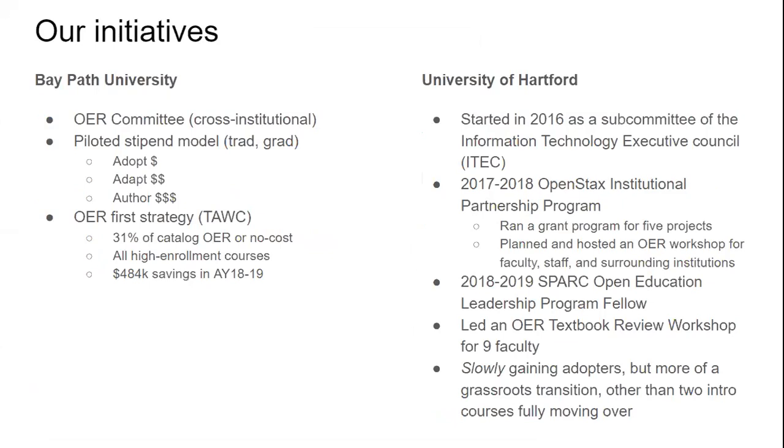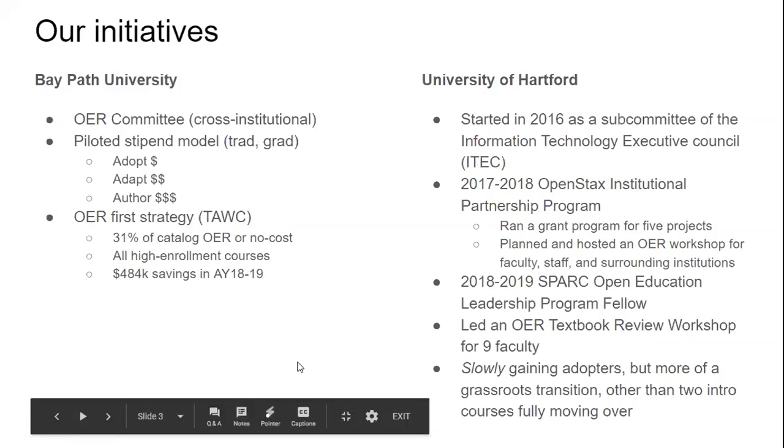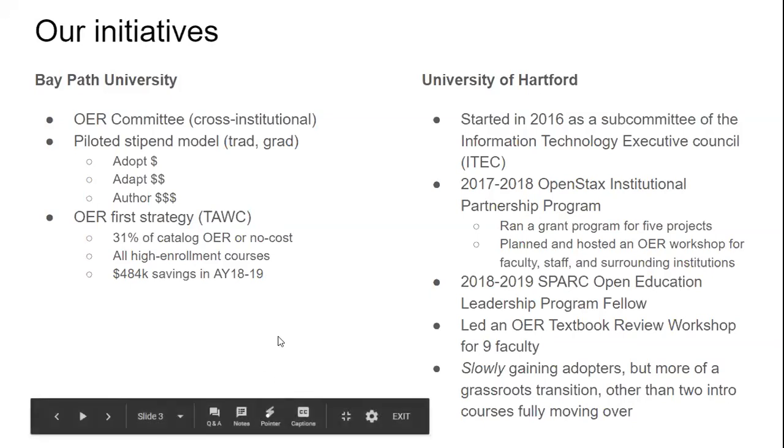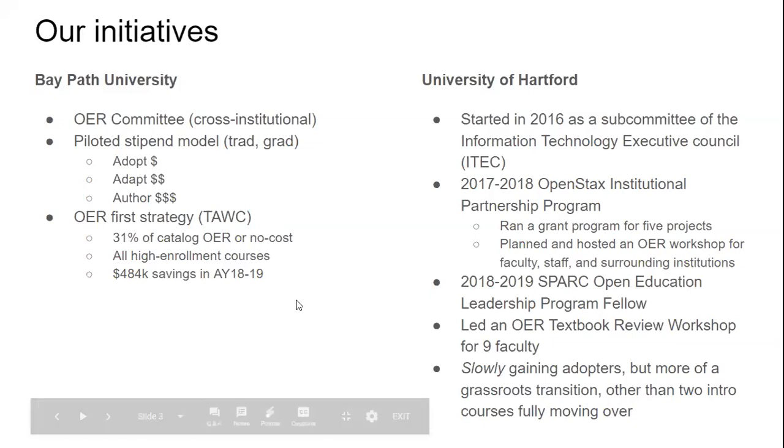All sections of English 100, for example, get the same content. So what we've been able to do is take an OER first strategy by working with our 9 to 10 program directors. And at this point, almost a third of our course catalog is either OER or no cost material. And we've done this in all of our high enrollment courses. We're saving about $500,000 a year now through all of these different adoptions for our students.